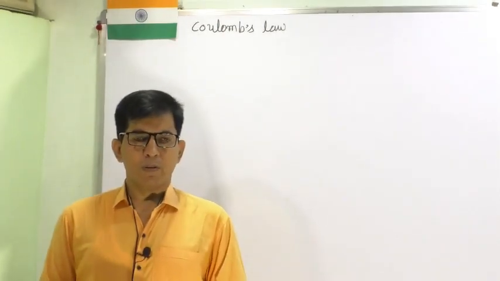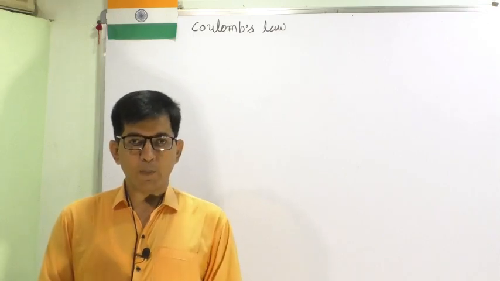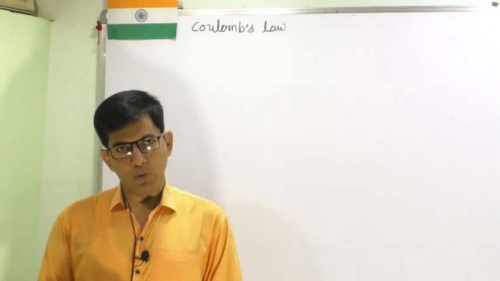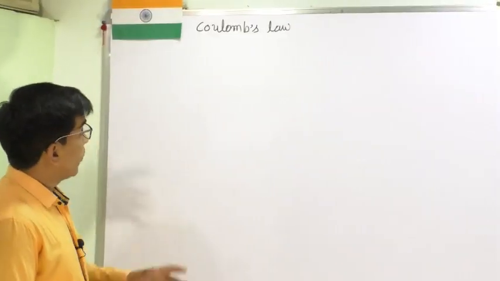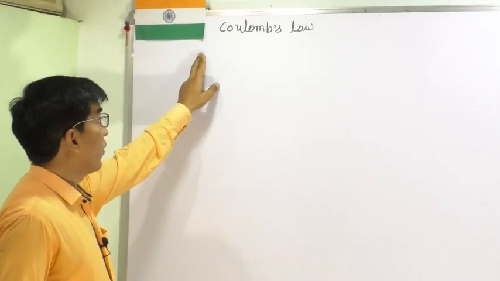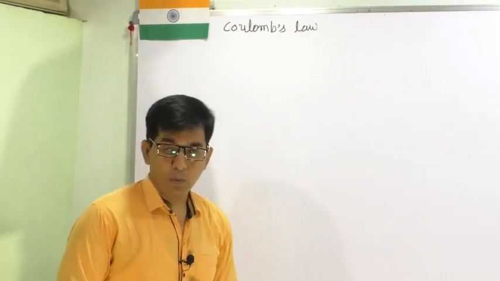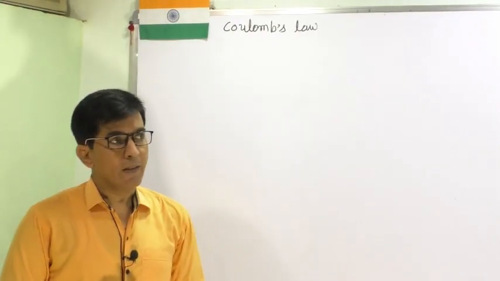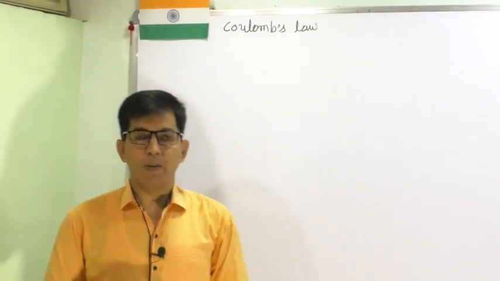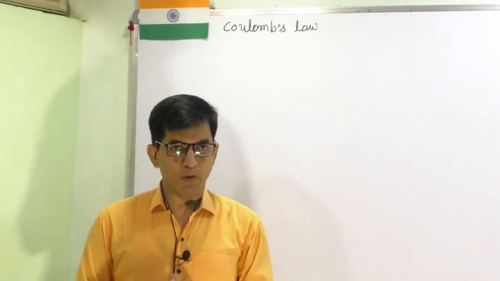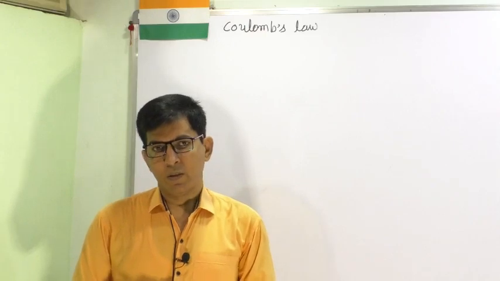Physicists explain these laws. The name is Charles Coulomb. So particularly this law is known as Coulomb's law. Coulomb's law basically gives us the magnitude and direction of force between two charges.